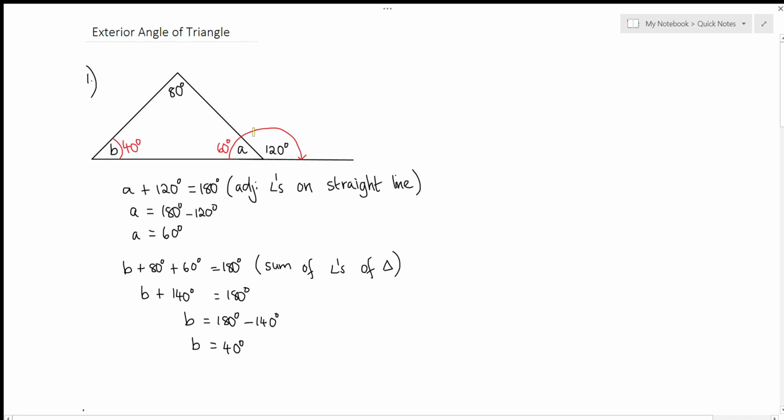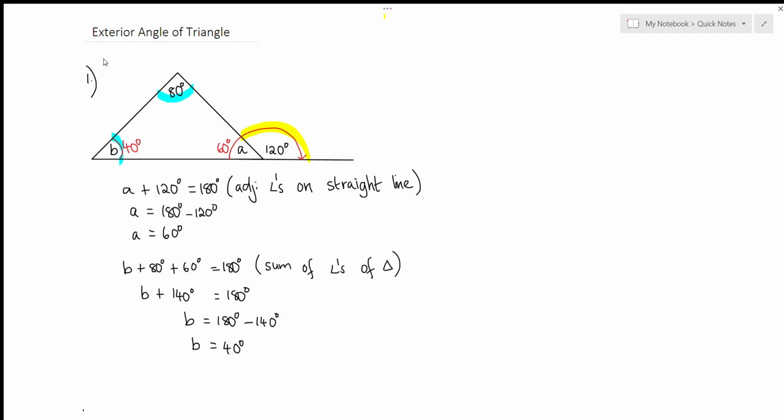The emphasis of today's lesson is on the exterior angle. If we look at the exterior angle here, we can see that the exterior angle, which is 120, is equal to the sum of the interior opposite angles. 80 plus 40 is 120.